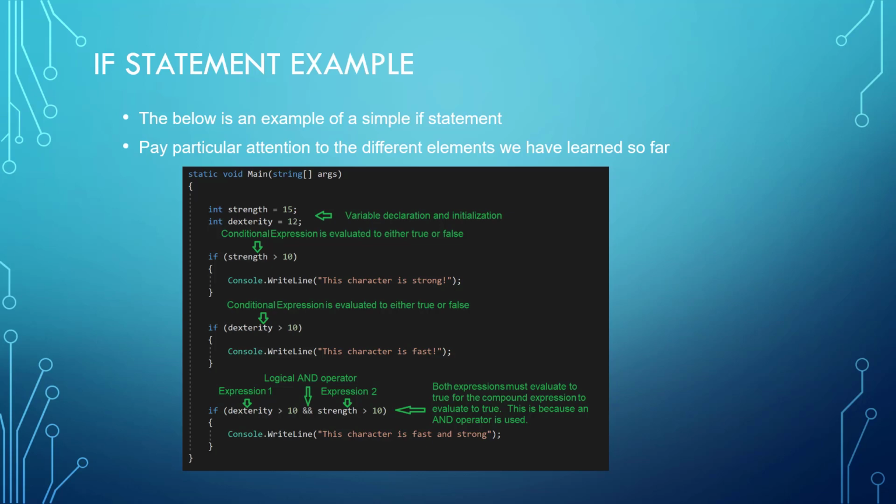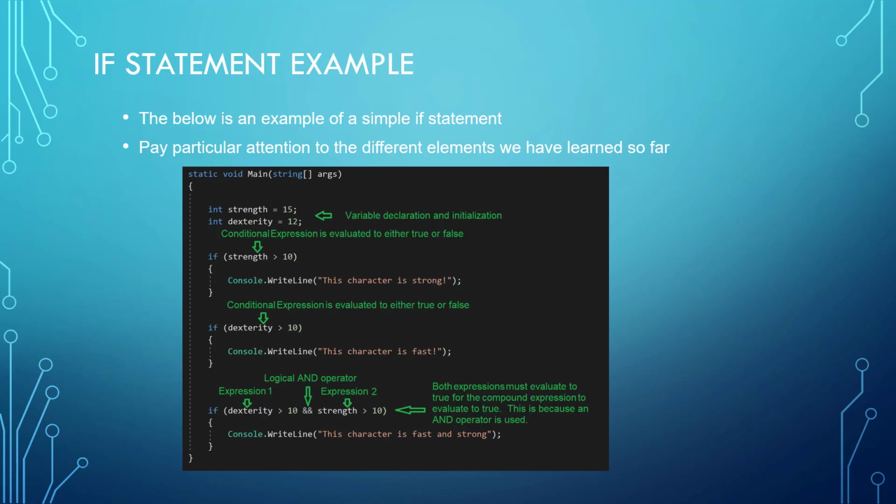So the first expression is dexterity greater than 10, and so it's going to evaluate as true. And strength greater than 10, it's also going to evaluate as true. Because both expressions evaluated as true, the entire condition, the compound expression, will evaluate as true.